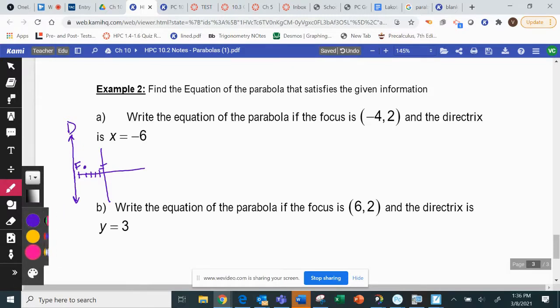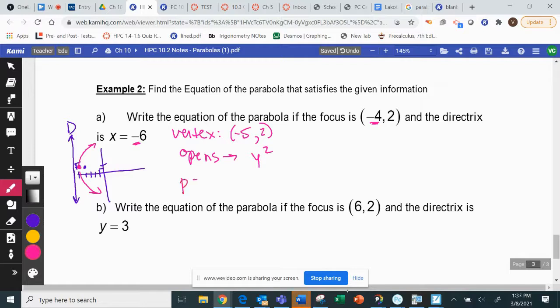So just looking at that, I can find my vertex and I can tell which way it opens because of where the focus and the directrix are. So my vertex is going to keep the same y value, and it's going to be exactly in between -4 and -6 for the x, so -5. It opens to the right, so that's going to be a y-squared kind.